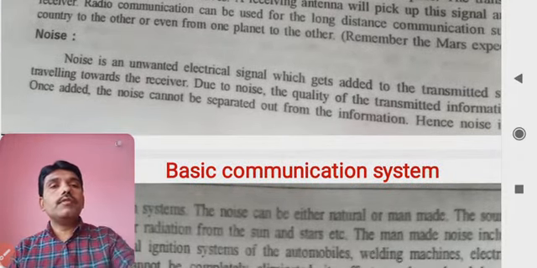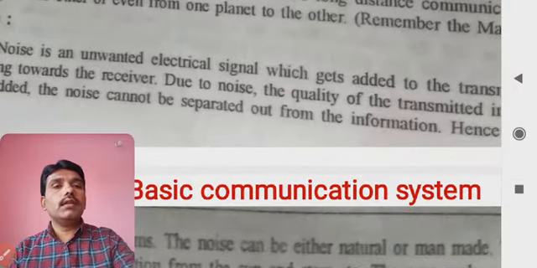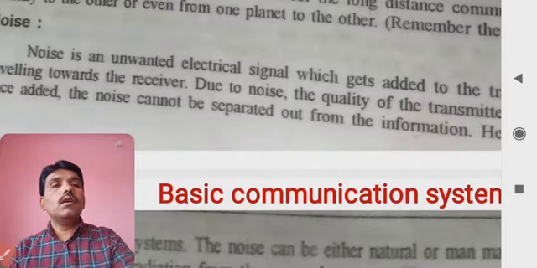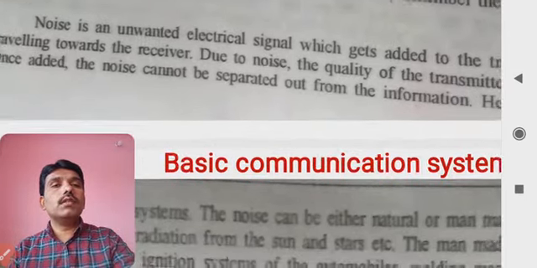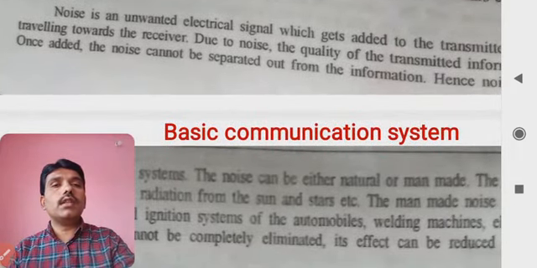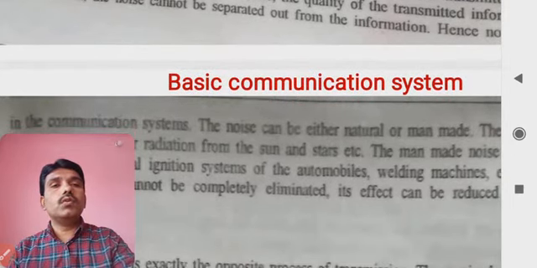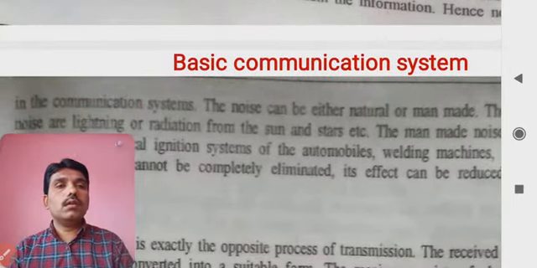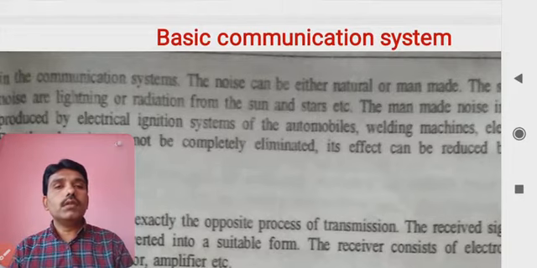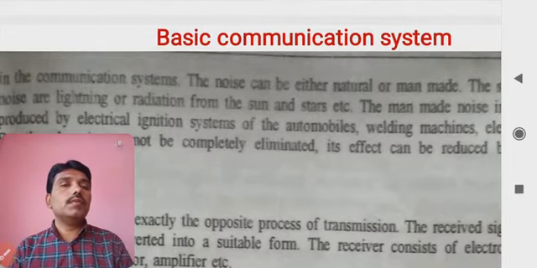Another part is noise, which is nothing but an unwanted signal. It may be added while receiving the signals or while transmitting the data from one place to another. It may be added through external devices and electric devices, and the main information may get disturbed due to this noise.